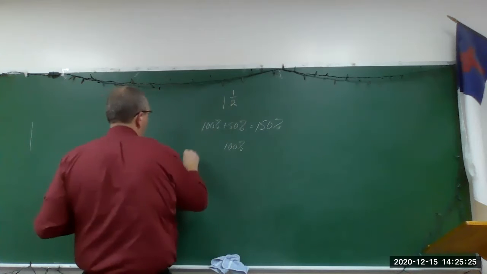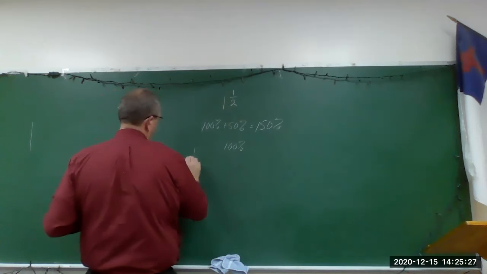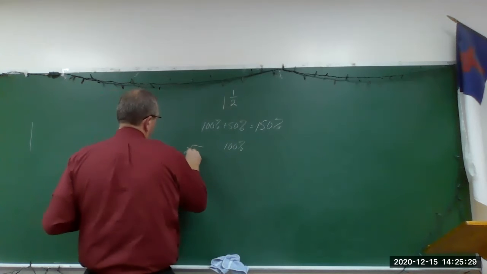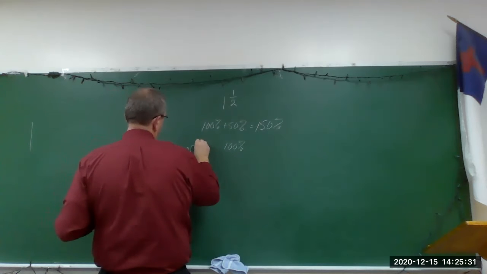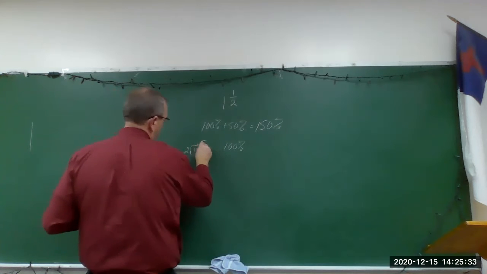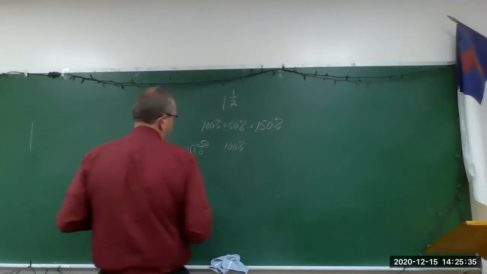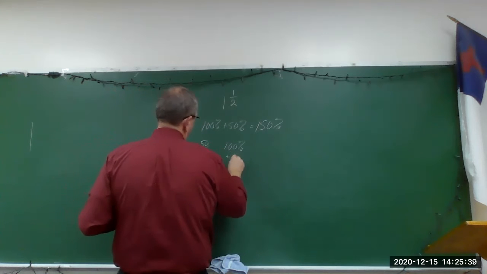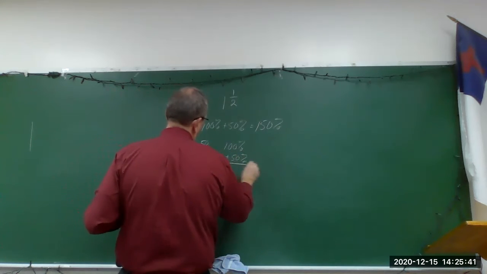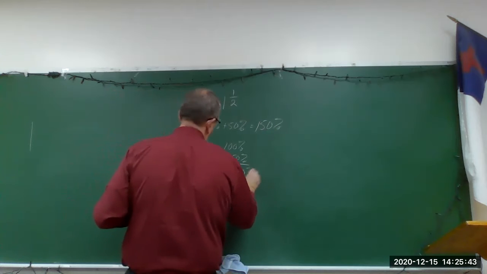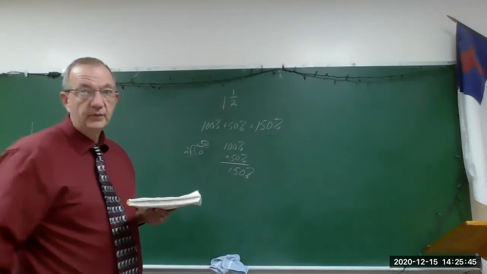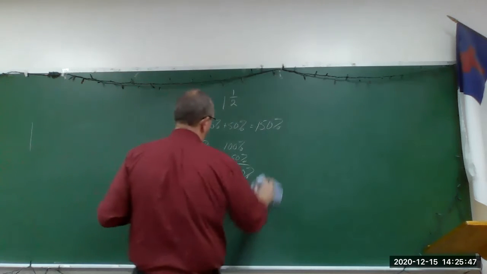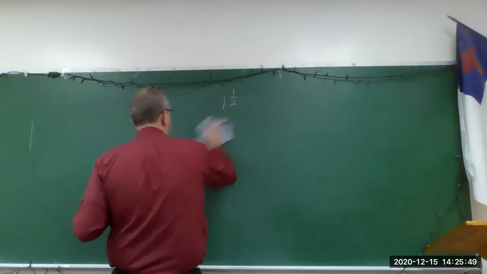And for 1/2, you can do your division there, 1 divided by 2, which is 0.5, and then move that over. It becomes 50%. And then you add that to the 100, and you get 150%. So you can do it that way as well, and that will work for you.